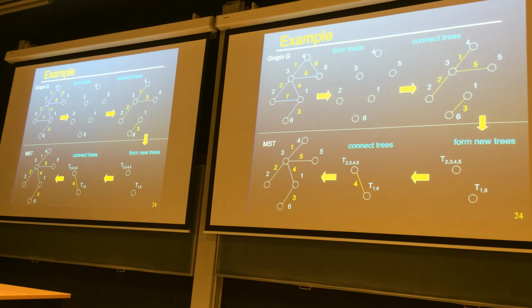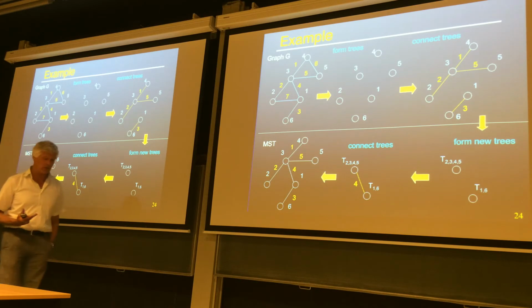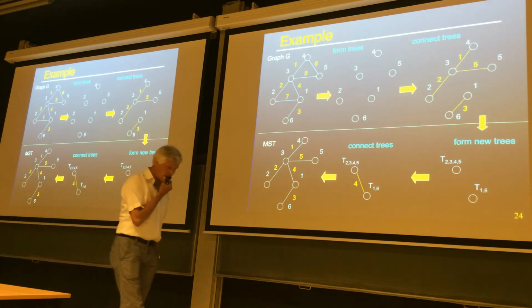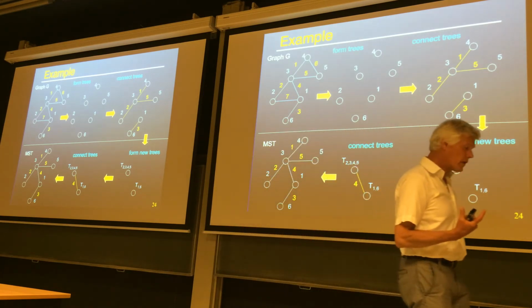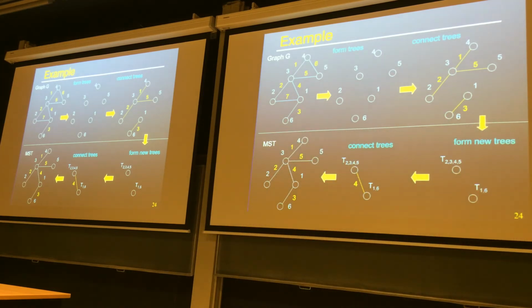Well, as I tried to argue, the number of iterations of this algorithm is log n, and within each iteration what we have to do is finding minima and merging. Finding minima, we know how we can find a minimum of a set of arcs, because that's finding the minimum out of a set of numbers, and that can be done in log n, isn't it?